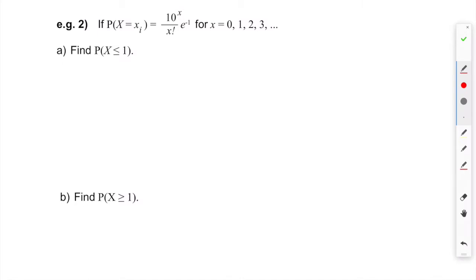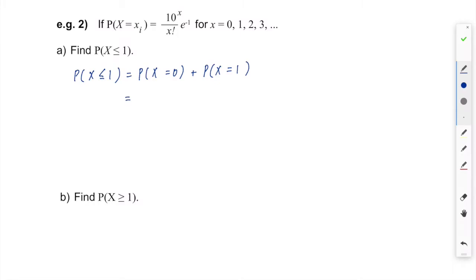Find the probability of x less than or equal to 1, meaning that the cases include probability when x is equal to 0 plus the probability when x is equal to 1 only. So we're including those cases.